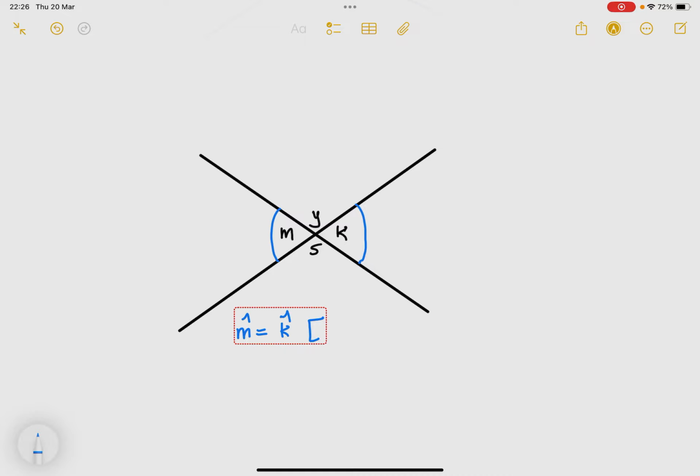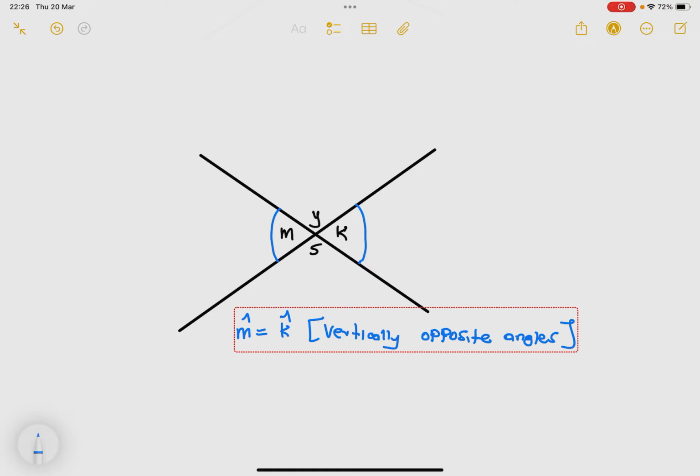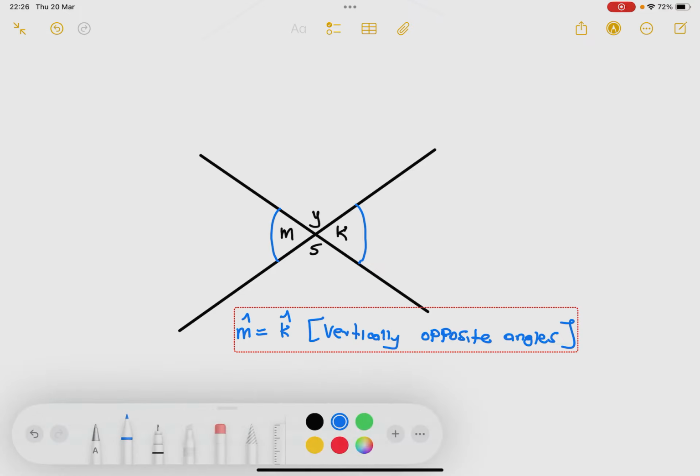And what is the reason for that? They are vertically opposite angles. That is the reason you are going to give. What is another one we're going to look at?